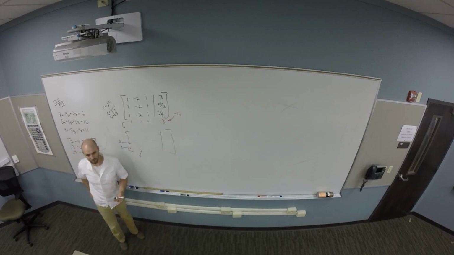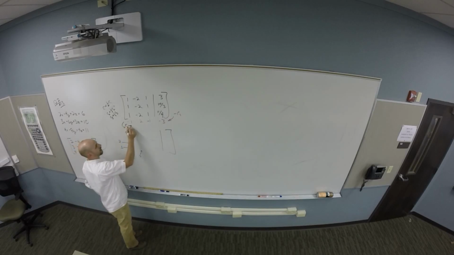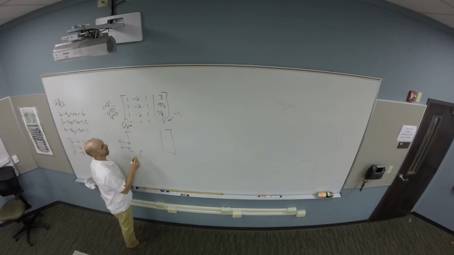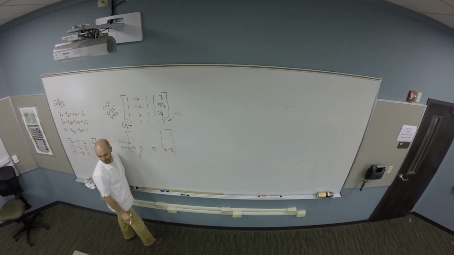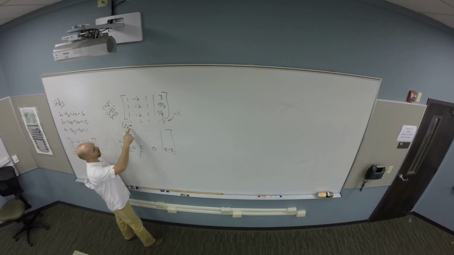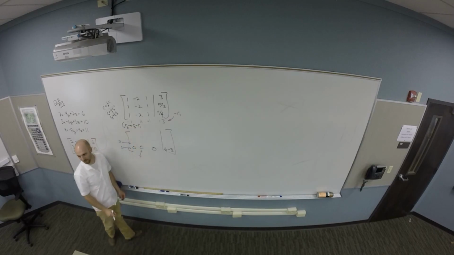So row 3 gets turned into 0, 0, 0, and some number. And whatever 11 quarters minus 3 is, right? Okay, see that? So row 3 turns into row 3 minus row 1, right?